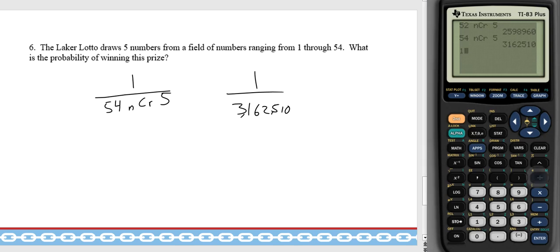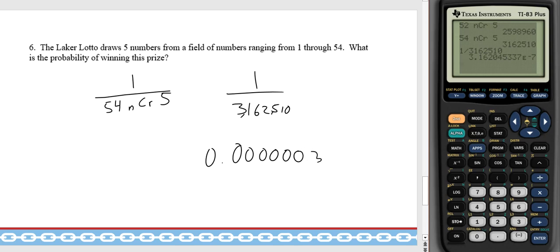So if I were to divide that out, 1 over 3,162,510, right? I get this error on the screen. That means that I move that decimal 7 places to the left. So that would be 0 point and then 6 zeros, 316.